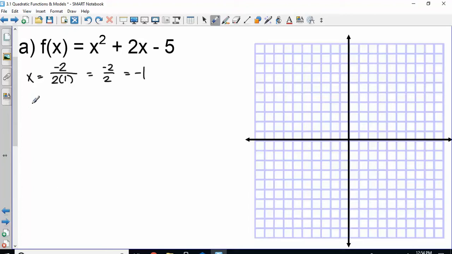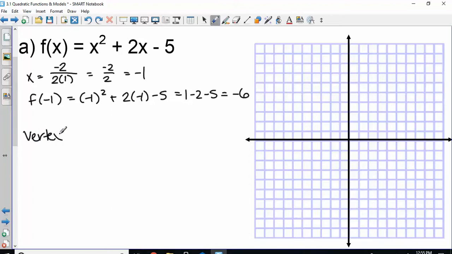Then what do we have to do with that? So that means my vertex is the ordered pair, negative 1, negative 6.